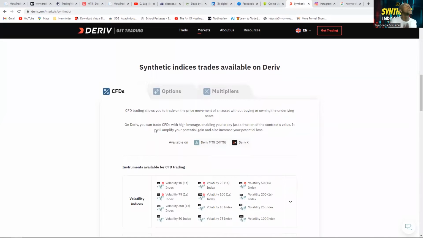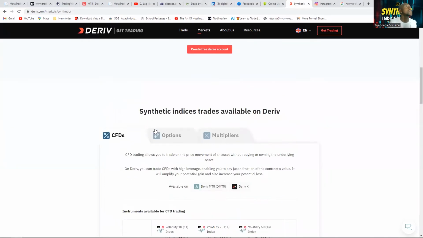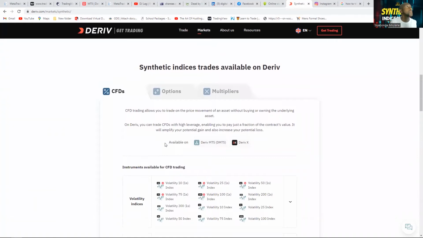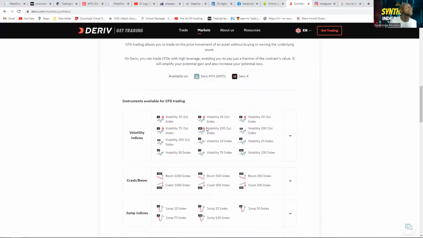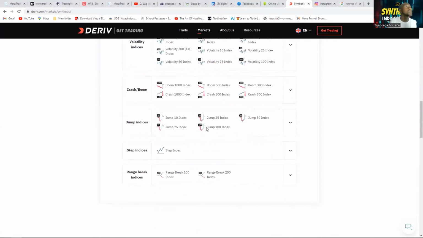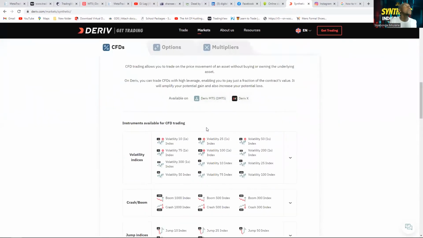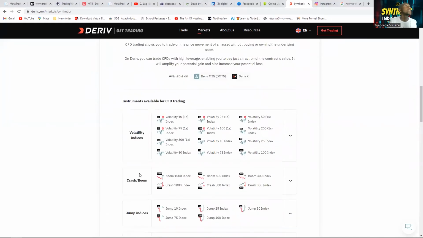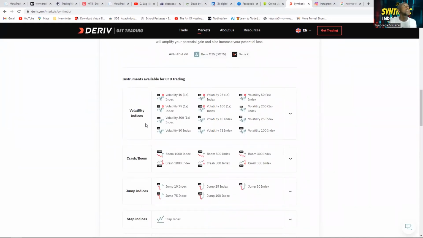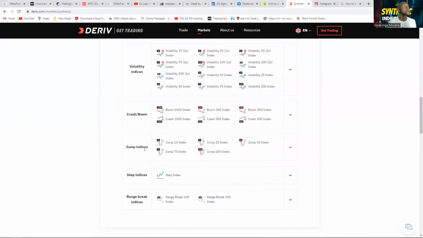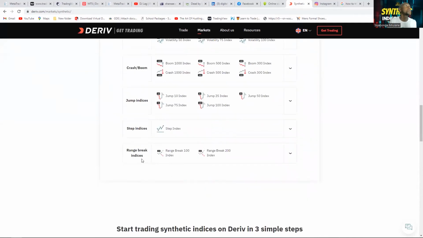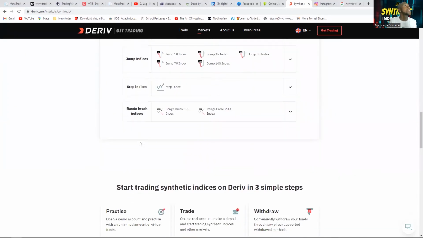So I'm talking about Deriv and obviously synthetics. On Deriv, when you trade synthetics, you can trade them in many ways. You can trade CFDs, options, and multipliers. That's something you'll go through for yourself. Like I mentioned here, the instruments: there's volatility indices, crash boom, jump indices, step, and the range break indices.